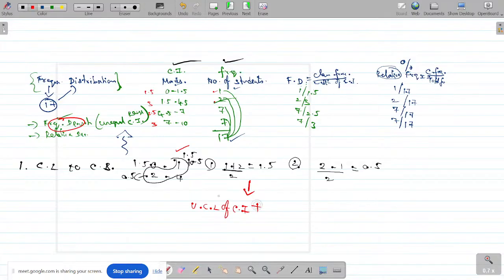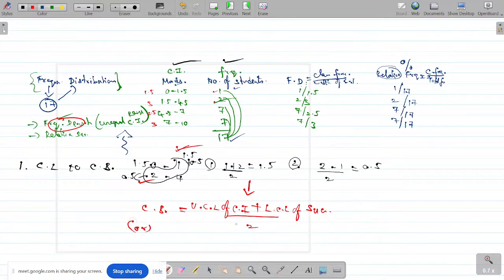Plus, what is this 2? Lower class limit of the succeeding class interval. Divided by 2 always. So directly I'll get the class boundaries. Class boundary is equal to this.